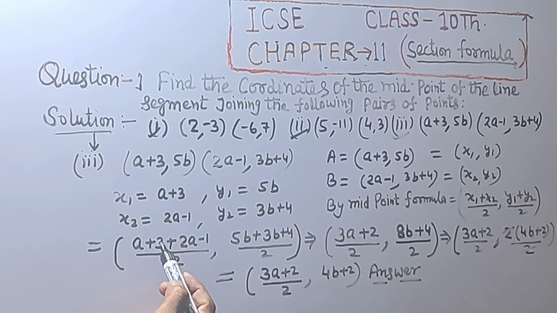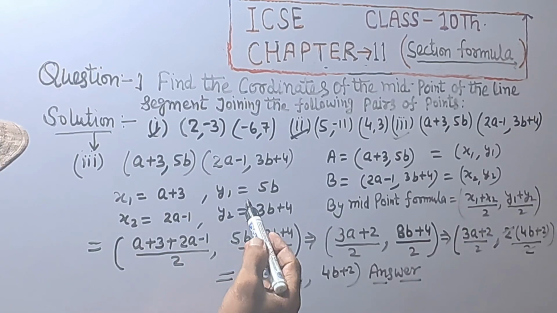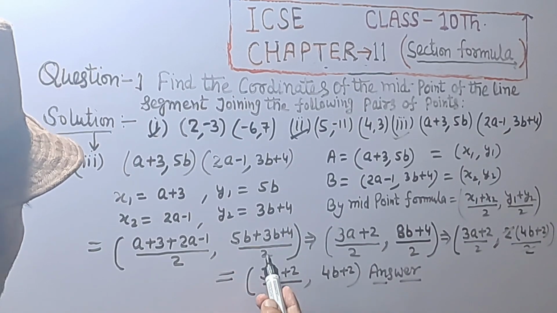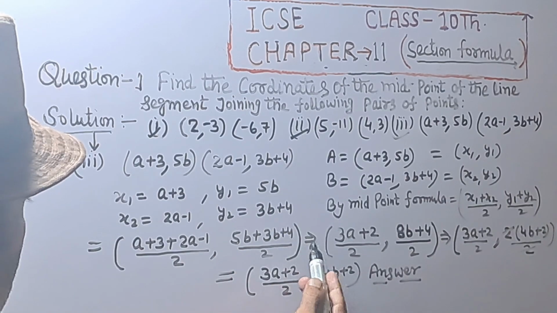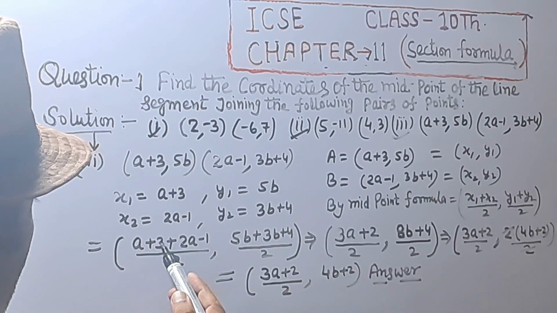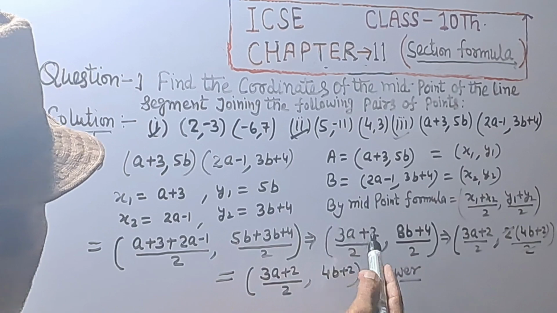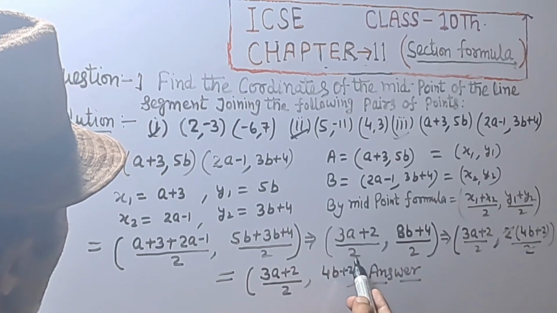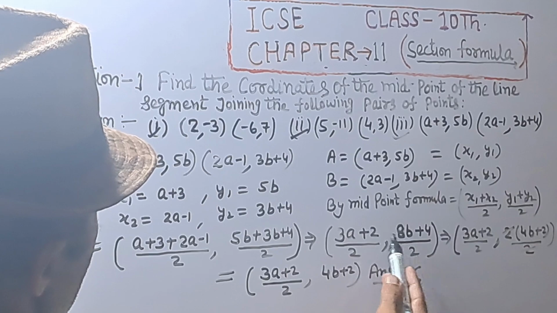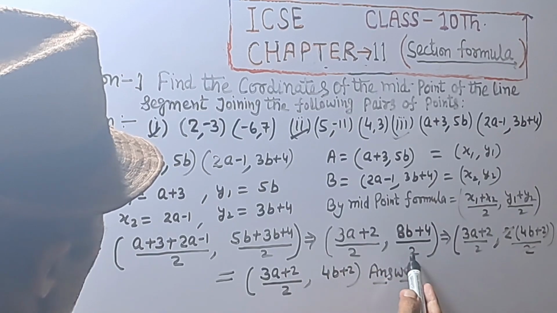X1 is a plus 3 plus 2a minus 1 upon 2 and y1 is 5b plus 3b plus 4 upon 2, which implies a plus 2a is equal to 3a plus 3 minus 1 is equal to 2 divided by 2, and 5b plus 3b, that is equal to 8b plus 4 divided by 2.